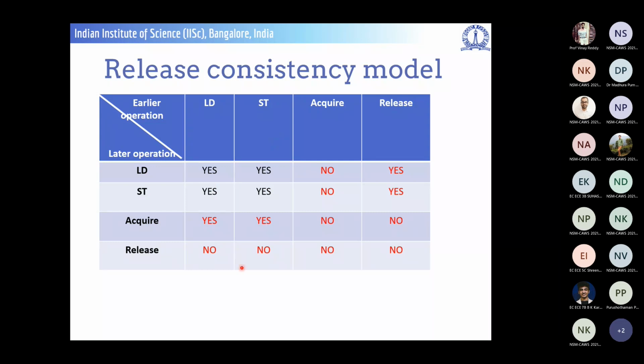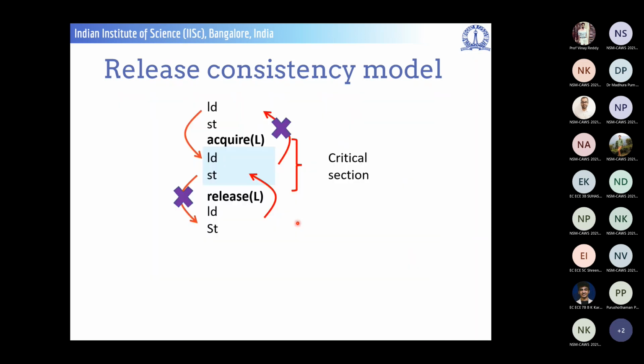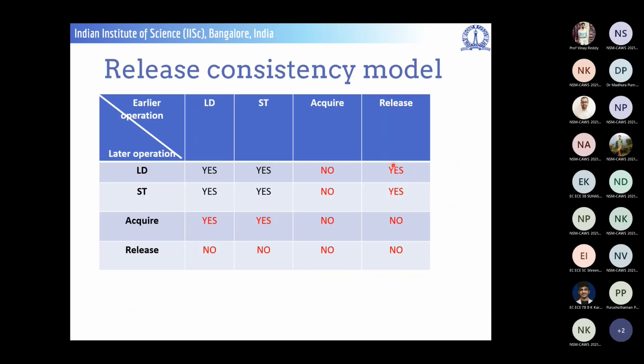Similarly, it's just the opposite for the release, where a later release cannot bypass the earlier load store. This is not allowed, but this is allowed, where a later load store can go before the release.